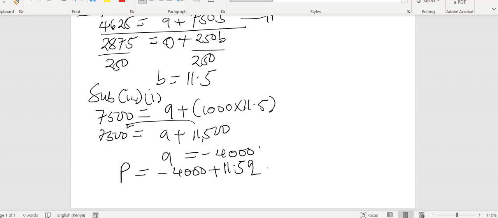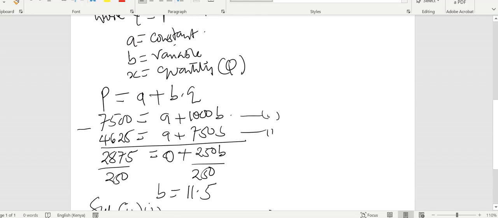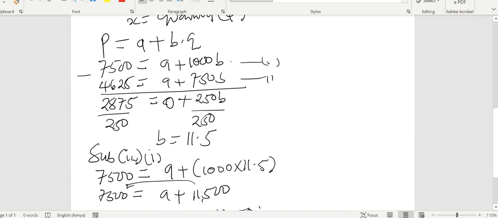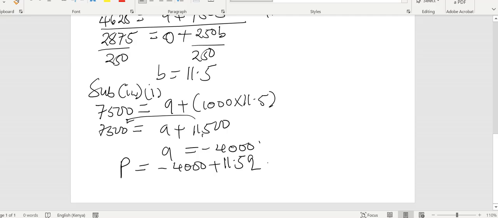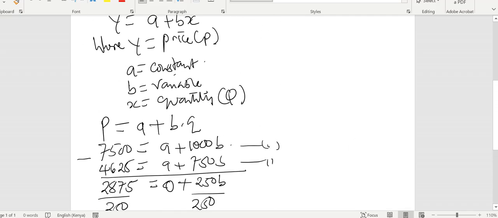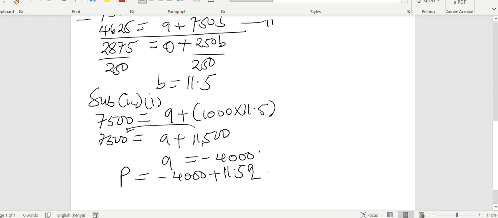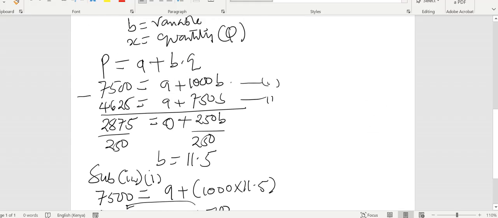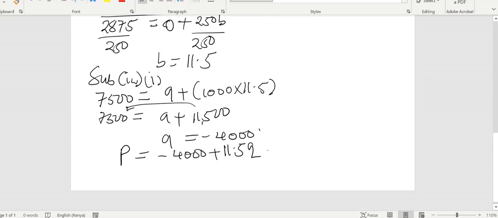Are you together? Remember x is what we said here as Q. Now, question 2: we want to determine whether this is a demand function or a supply function.